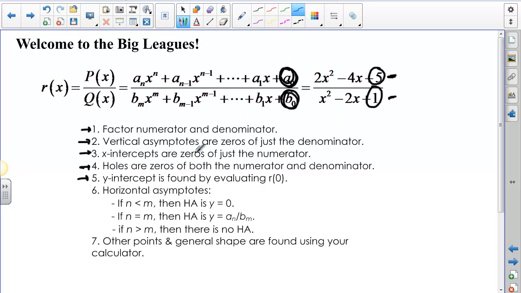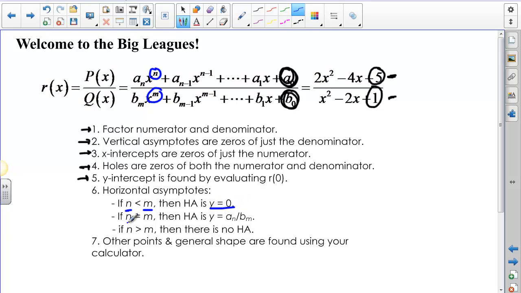Lastly, we're going to look for the horizontal asymptotes. The horizontal asymptotes occur based off of the degrees of the numerator and the denominator. n is the degree of the numerator, as you can see up here, is x to the n, and m is the degree of the denominator, which you can see here is x to the m. Now, if the degree is bigger on the bottom, then y equals 0 is your horizontal asymptote.